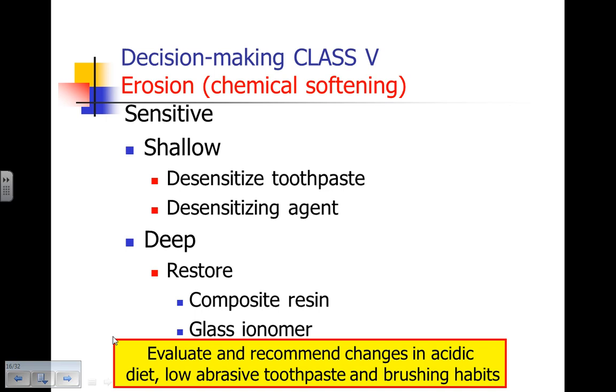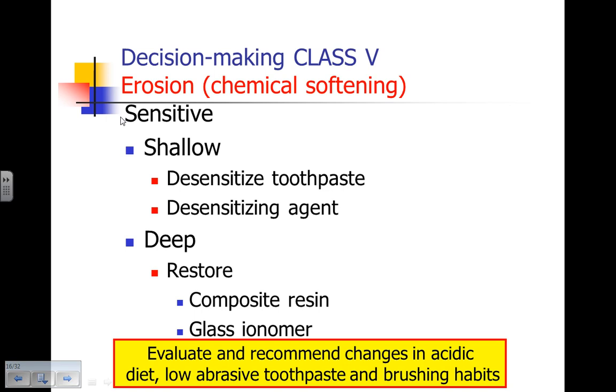When a patient has a Class 5 chemical erosive lesion, and the teeth are sensitive, many times it's self-reported by the patient. They'll tell you, I drink something cold or I breathe in air and my teeth hurt. The pain goes away within a few seconds, but it's very uncomfortable.